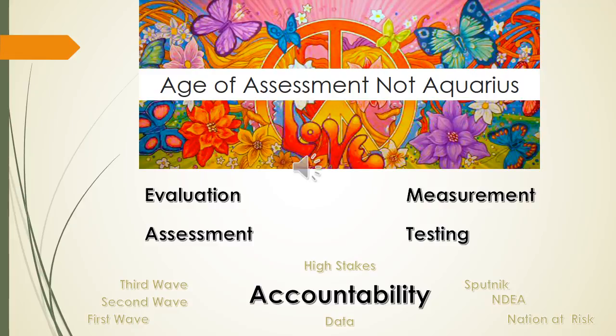Measurement and testing refers to the instruments that are used to gather that data. So we live in an age of accountability, and high-stakes testing is a part of that age of accountability.